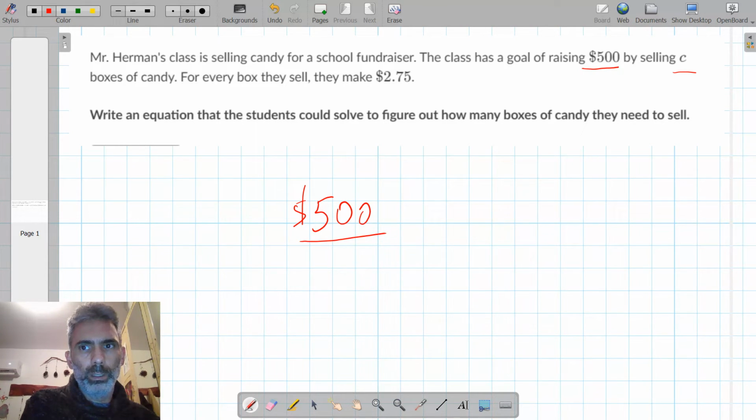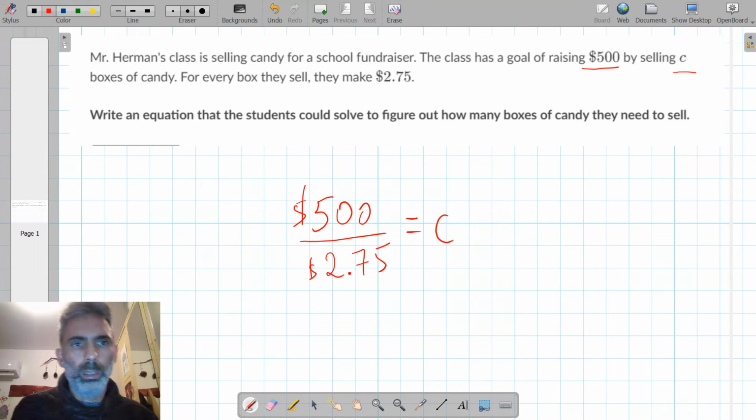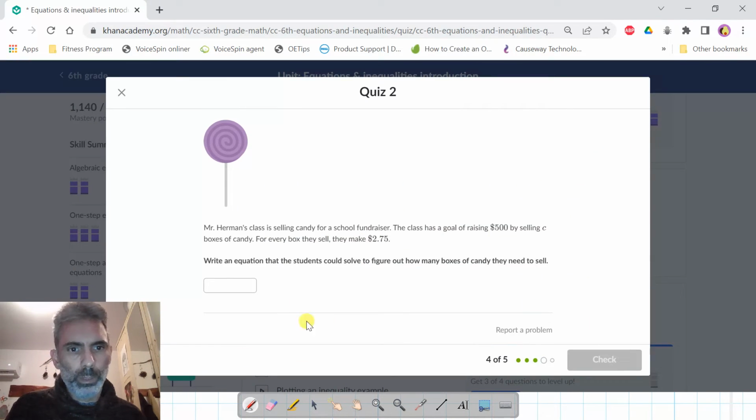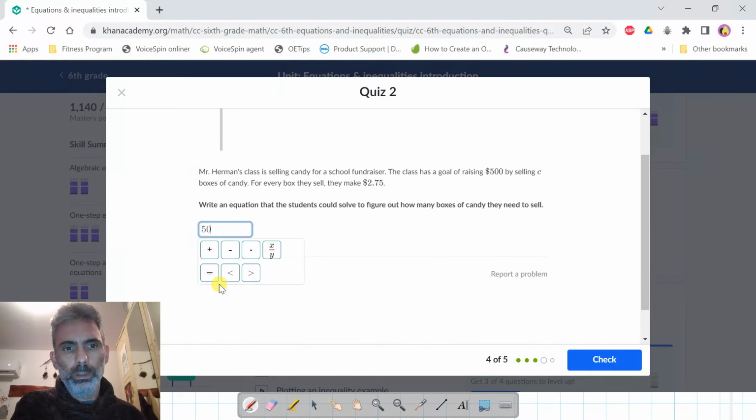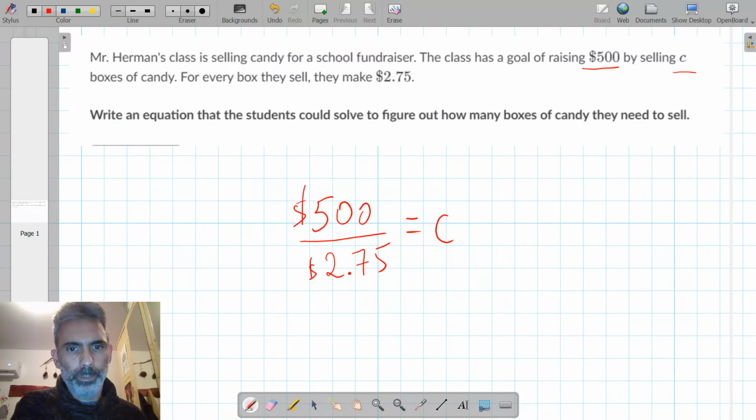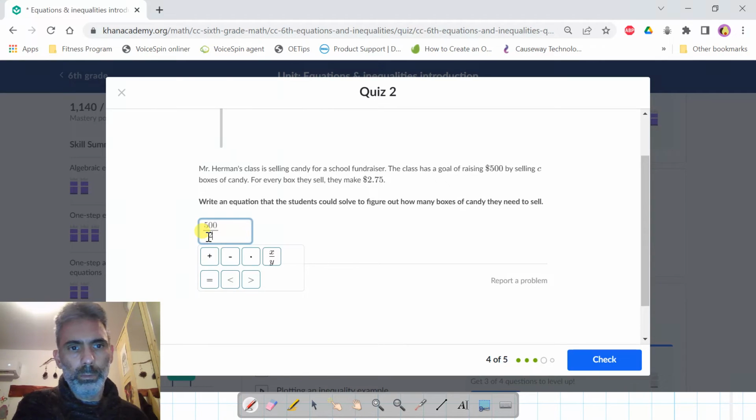So if we divide the total number of dollars they want to make by the amount that each box costs, we get the number of boxes C that they need to sell. So 500 divided by 2.75 equals C.